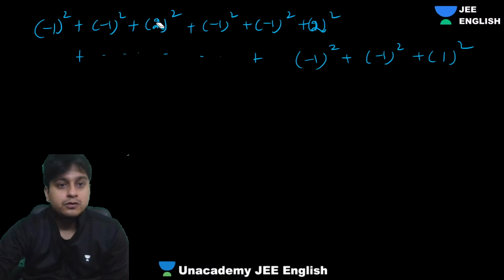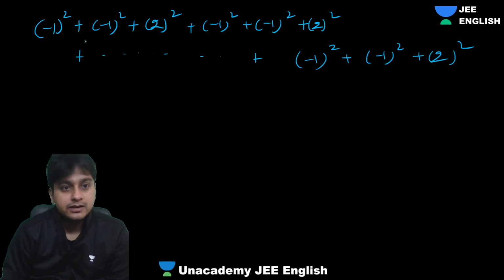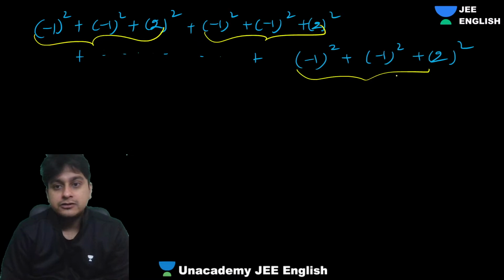So what is this trend, guys? We are going till 27, right? How many times is this pair coming up? Total 3, 3, 3, so 9 times.